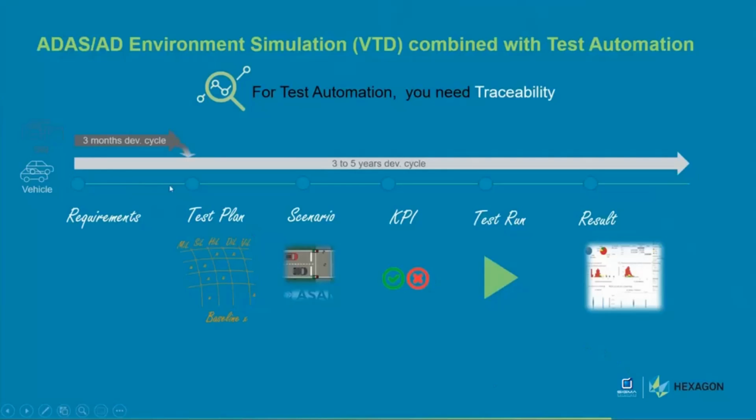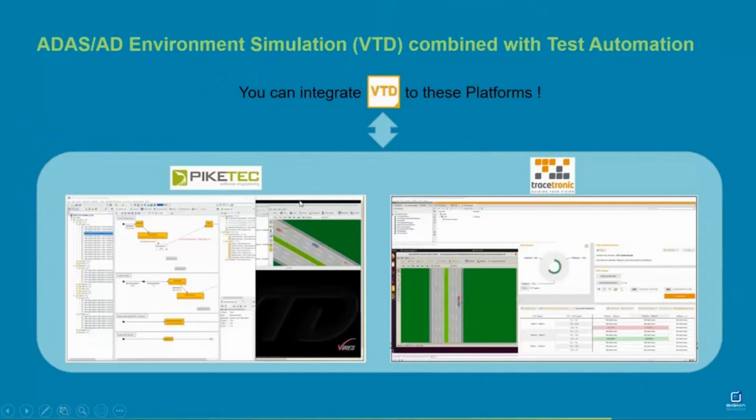Okay, it will take more time to do manually, but with some tools in the market, we could do it faster. So we have a partnership with TPT, that's from PikeTec, and another one is ECU-TEST. These simulation tools or test tools will help you to do the automation much more easily than manual validation.